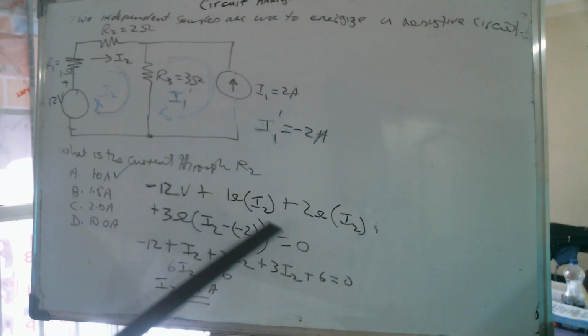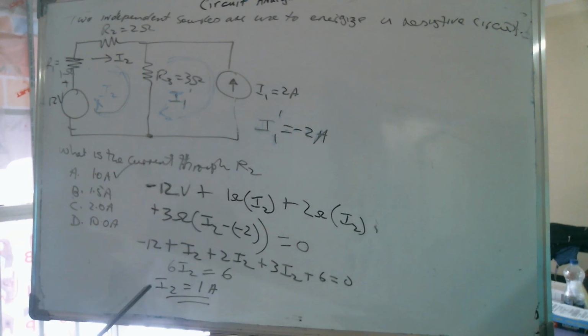Once we substitute those values in, there's no need to use the second loop anymore, because the second loop has a current source. You substitute that value and work out I2 from the first equation around loop 1, and it works out to be 1 amp.